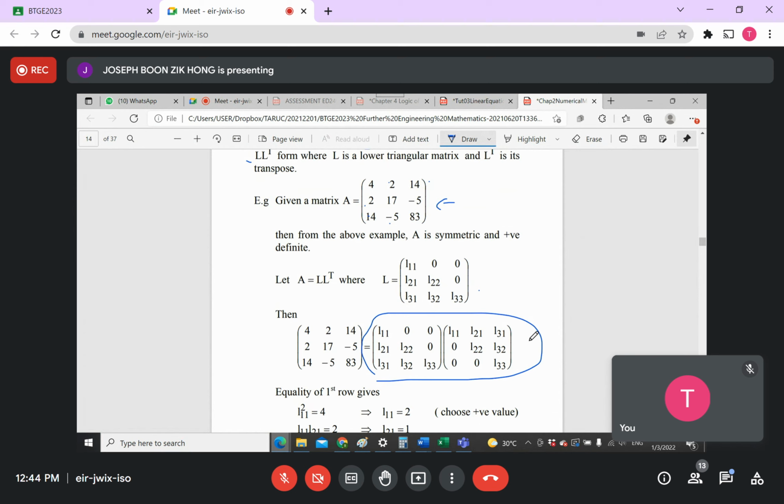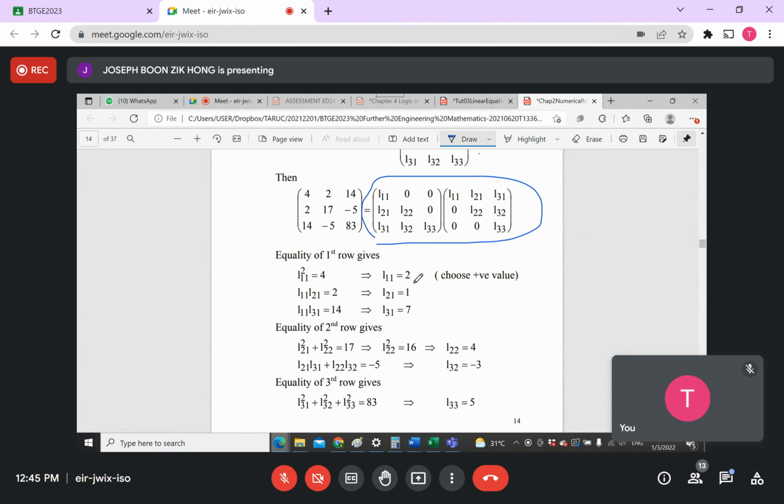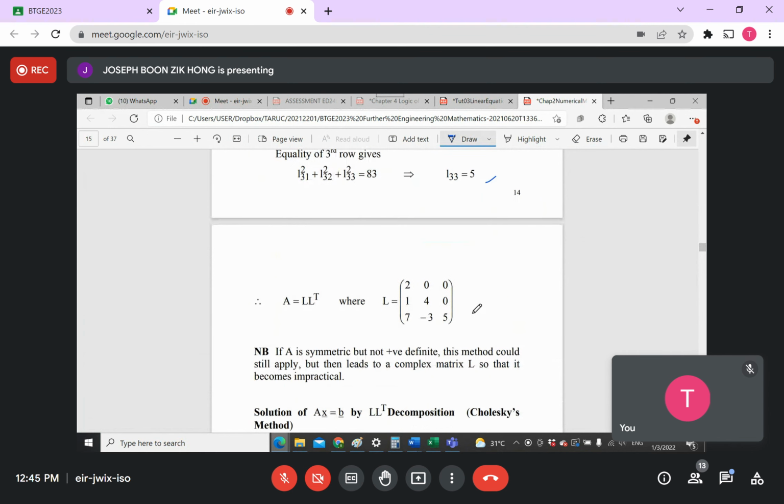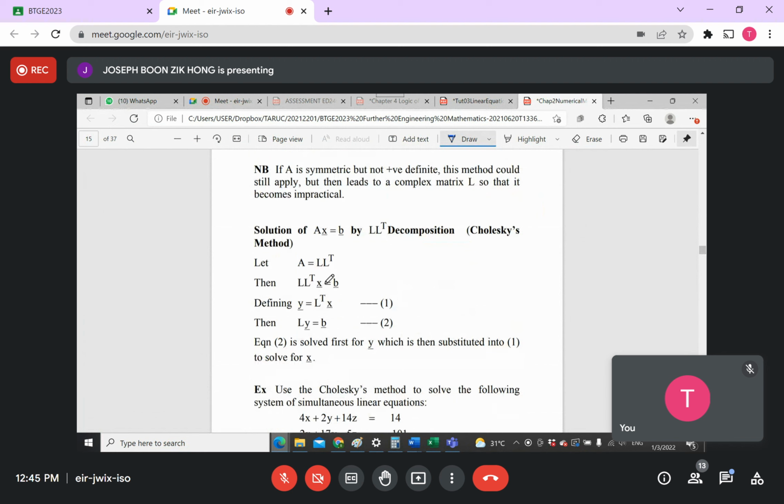So the things you need to find are a bit fewer, but there are conditions: first it must be symmetric, second it must be positive definite. We get L11, L21, L31 in a similar way, and then L22, L32, and L33. You must get L first, and then the way is the same.